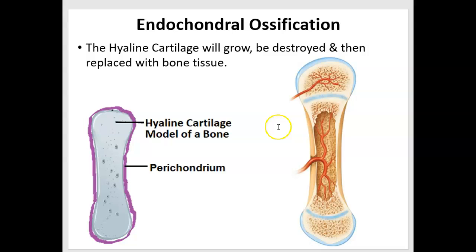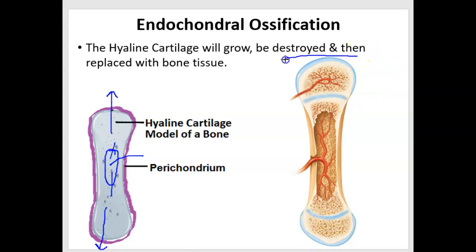Ultimately, what will happen is that the hyaline cartilage model will grow. It will increase in length on both ends. The cartilage will be destroyed from the interior outward, and bone will come in and replace it.